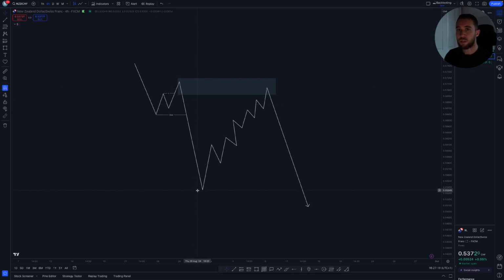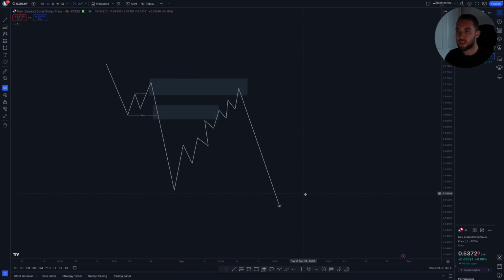The third confluence that I do like to see when I'm looking at my order blocks or supply and demand zones will be a fair value gap left behind. This fair value gap will be on this leg of price right here. If you don't know what a fair value gap is, it is basically just a 3 candle formation. You've got candle 1, candle 2, and candle 3.